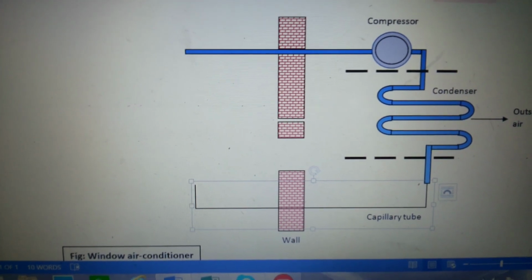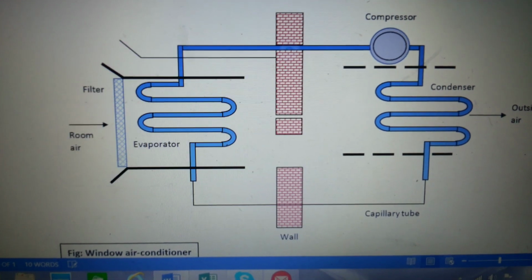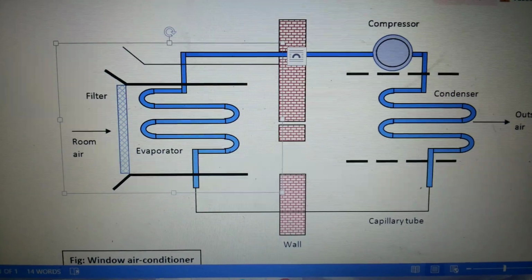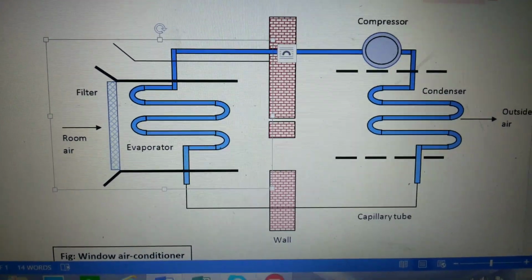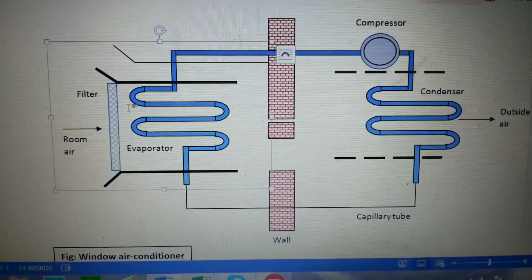Now the liquid refrigerant will pass through the evaporator. Regarding the evaporator, as you can see, the air from the room comes to the evaporator after passing through this filter.